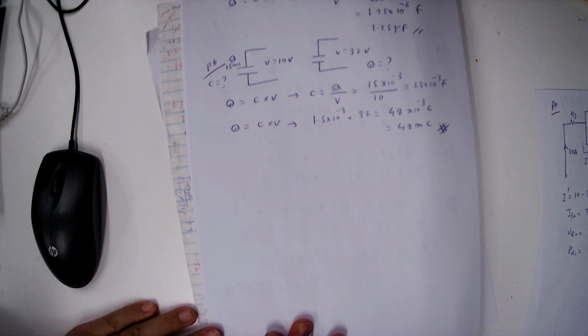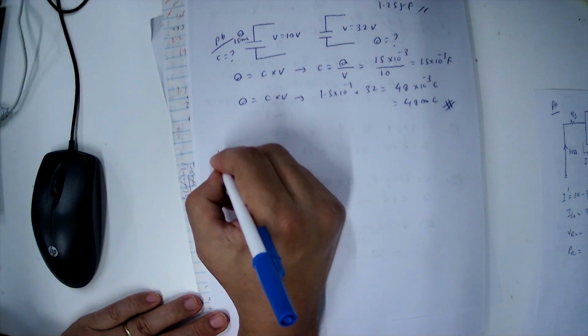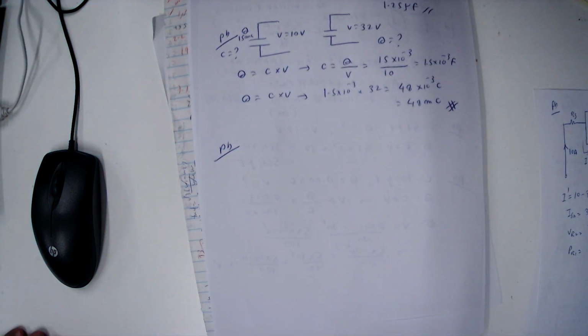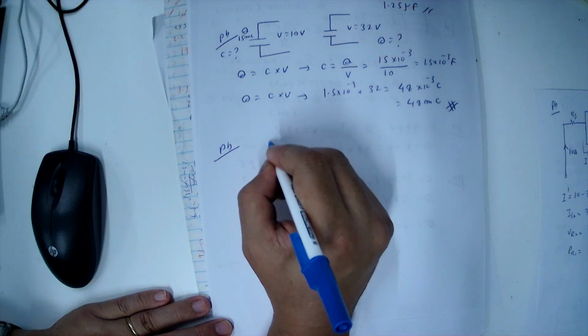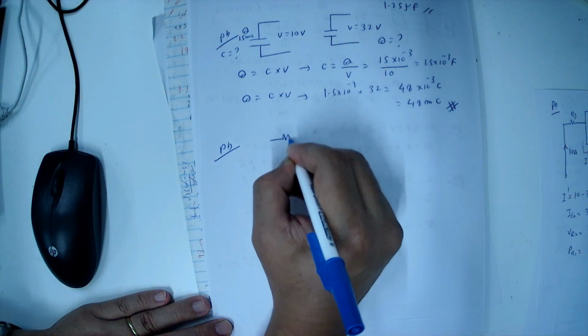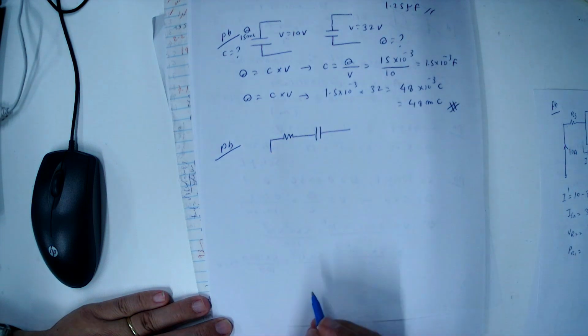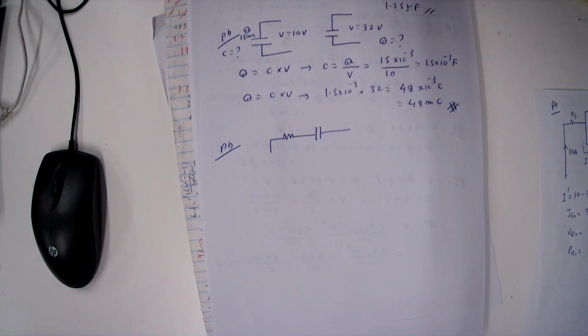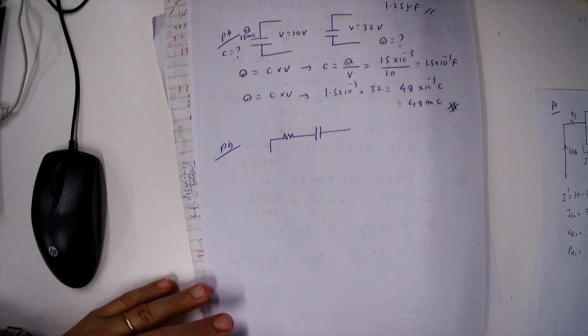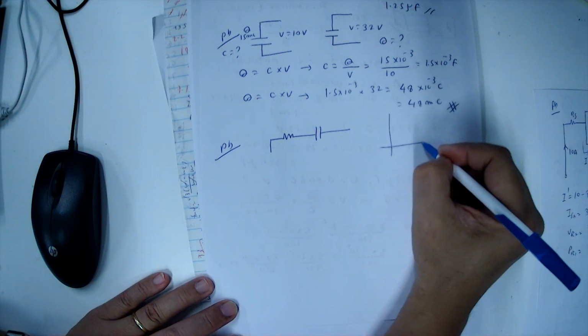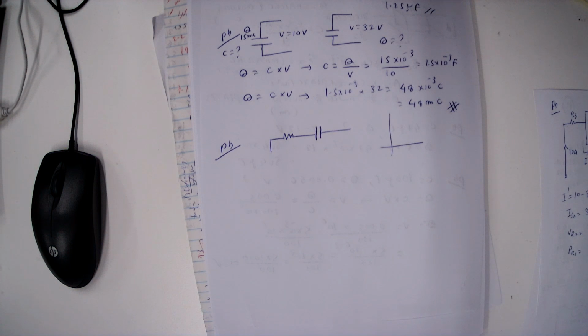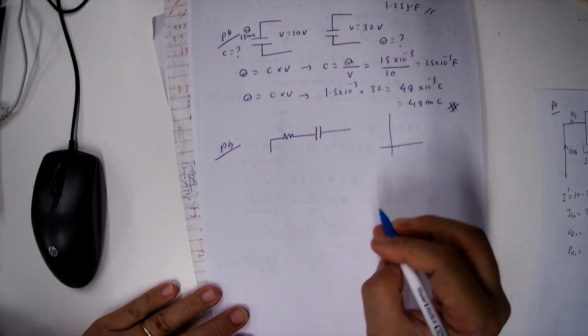The next one is a timing circuit. In a timing circuit we connect the resistor and the capacitor together. Because of the capacitor effect, the voltage will not rise instantly. It will follow the current.